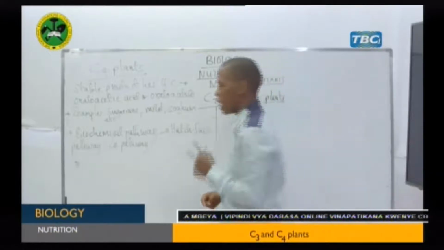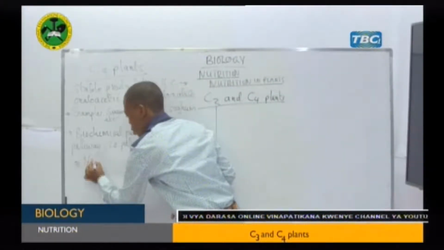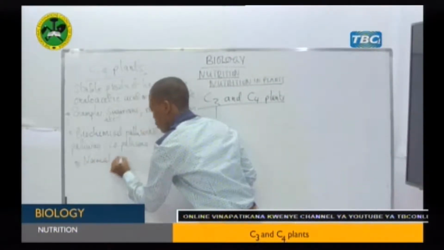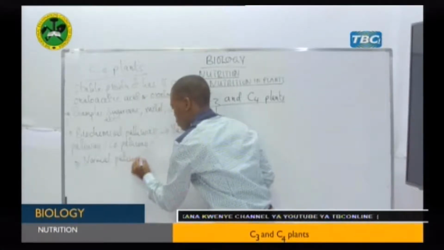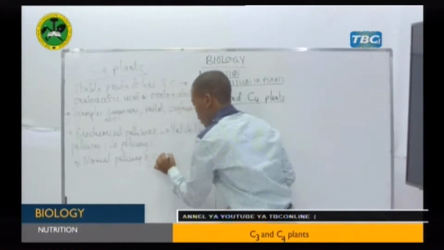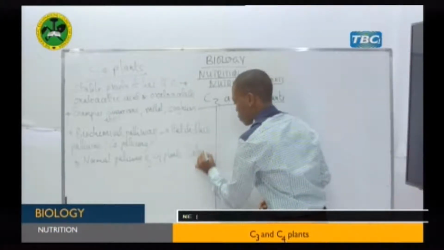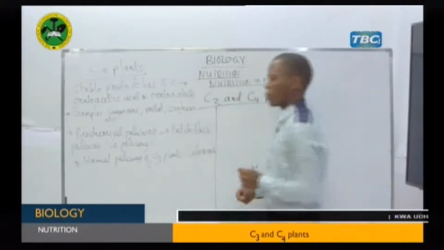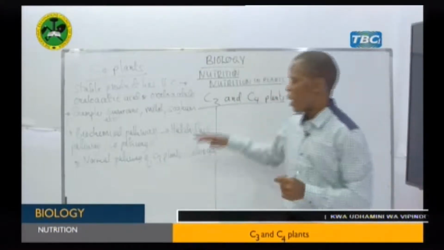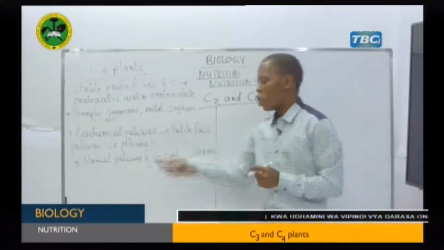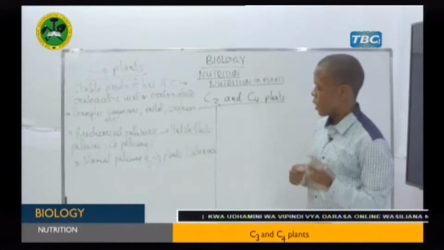We call it the Calvin cycle. Therefore, a C4 plant involves both the Hatch-Slack pathway and the normal Calvin cycle from the previous lesson.